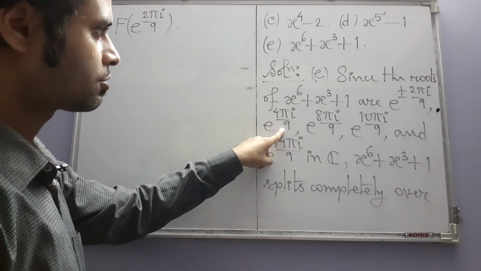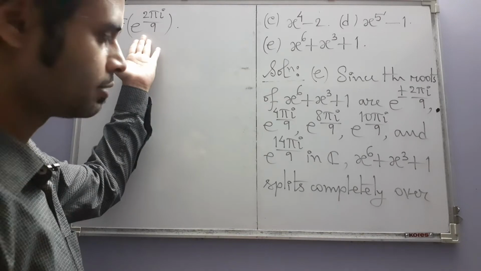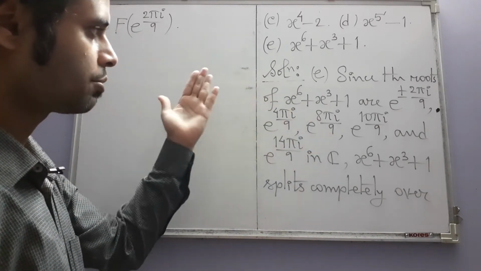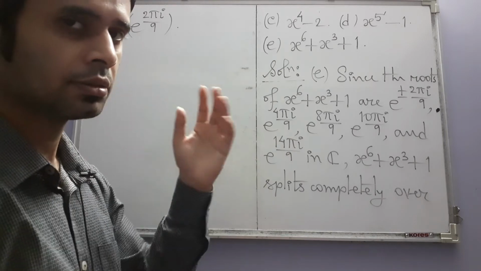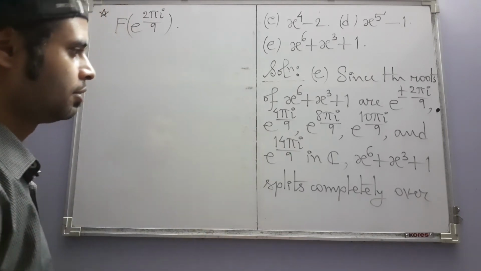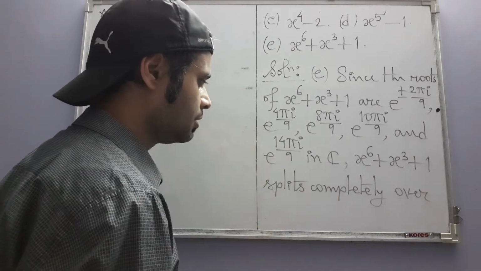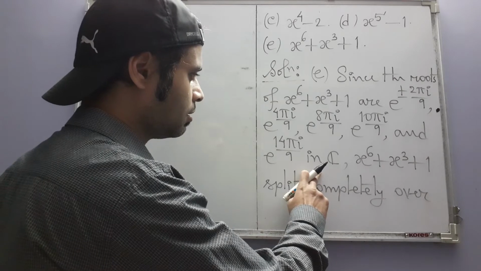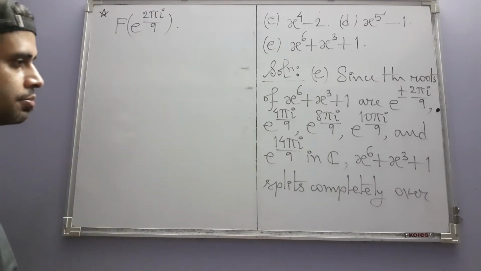This is the square of this element that is being attached. This is the fourth power, this is the fifth power, and this is the seventh power of that element. So all of them in fact belong to this. And since these roots are already in C, this splits completely over this.